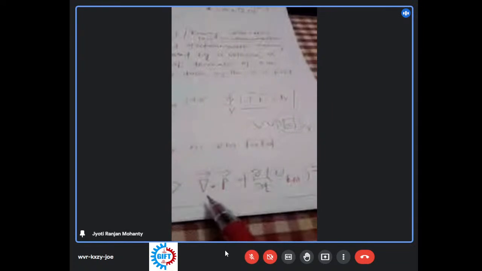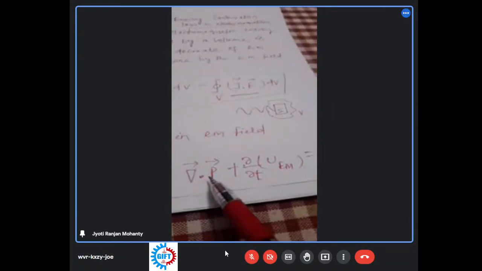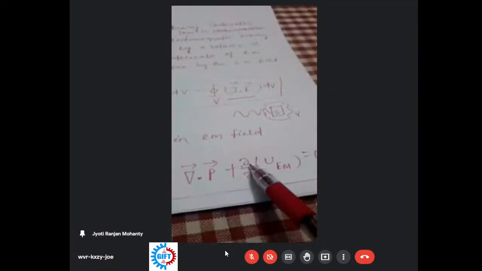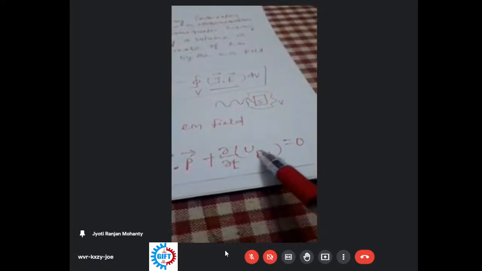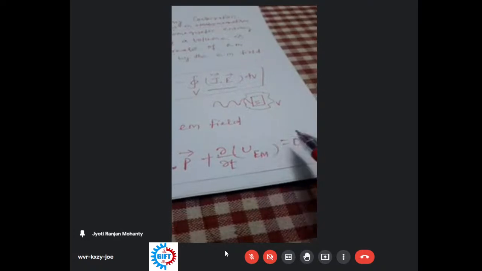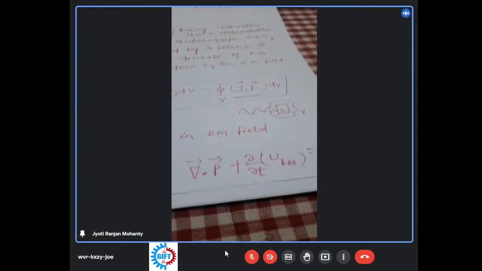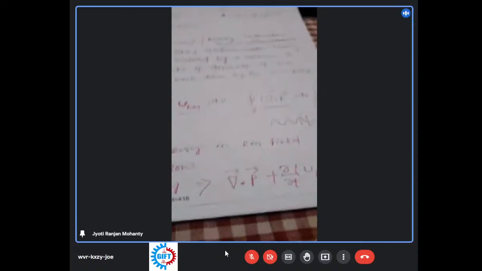You read: del vector dot P vector plus del by dt of electromagnetic energy density U_EM is equal to 0. So this equation is known as equation of continuity. So what is P here? P stands for Poynting vector. Very good. What is the U_EM?